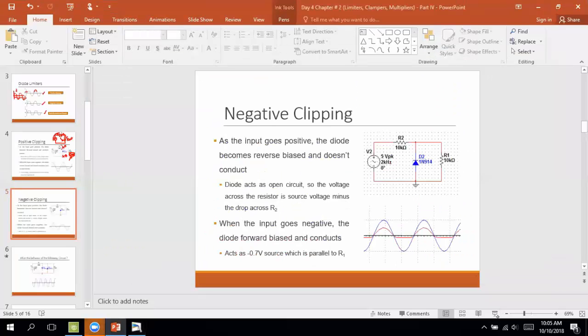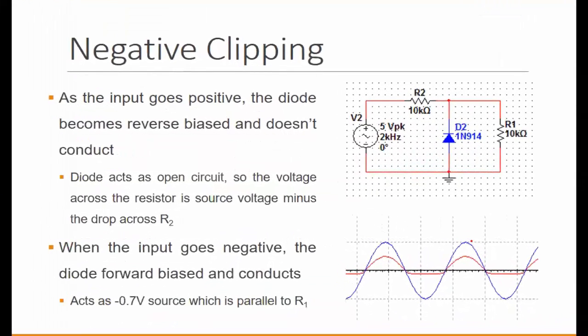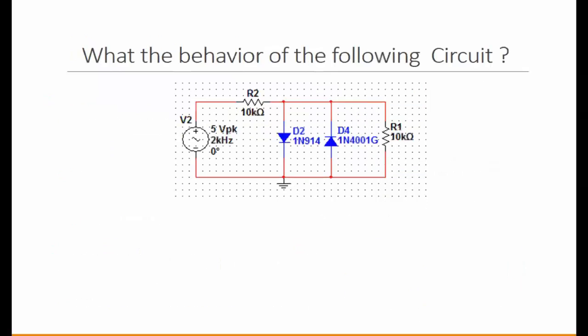The next continuation to this particular clipper is usually, okay, before we get to it, this is some interesting circuit right here. So before we talk about how to adjust the level of clipping, what do you think this circuit does?